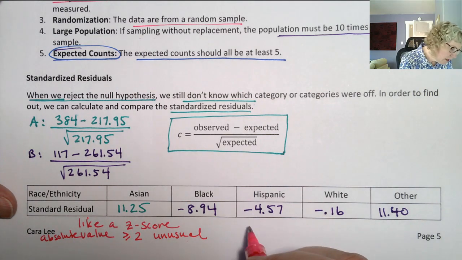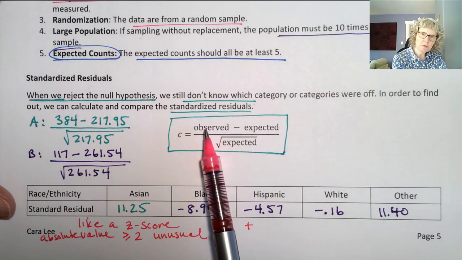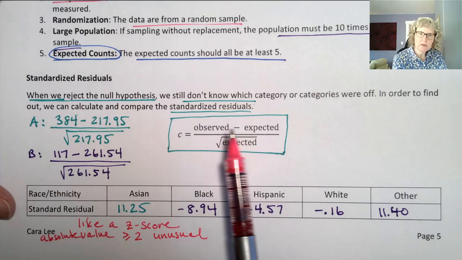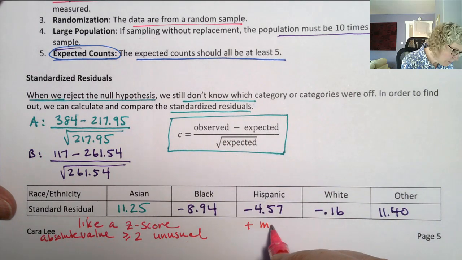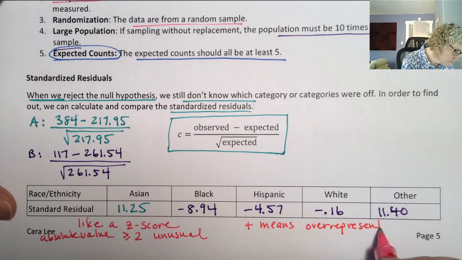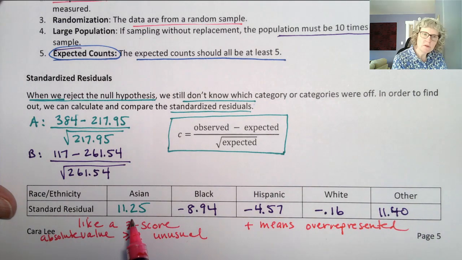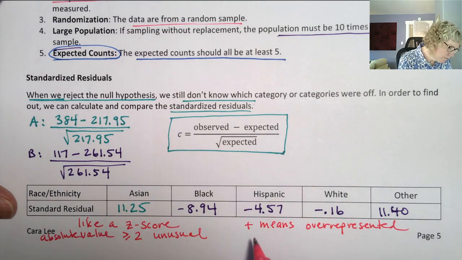And then a plus, if it's positive, that means your observed is more than expected, right? So that means overrepresented. So that means folks of Asian descent and other were overrepresented.